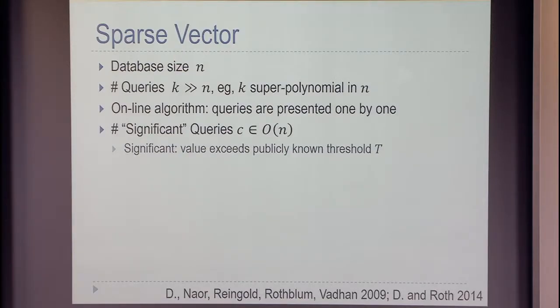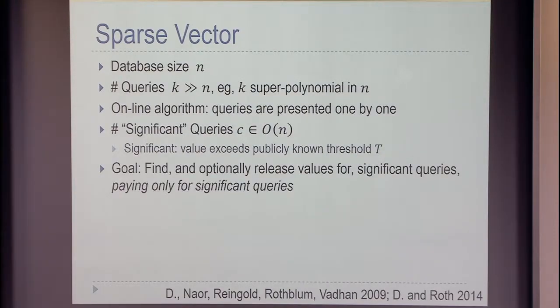That is, at most, some number C of them, not too many, are going to be said to be significant, meaning that the value of the query when evaluated on the data set, significant means that that value exceeds some fixed publicly known threshold T. And we can always enforce this behavior by keeping track of how many significant queries we've seen and just quitting when we get up to C, whatever the bound is. So this is what we're going to have.